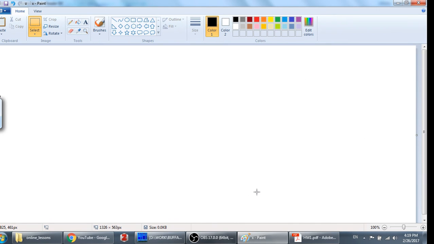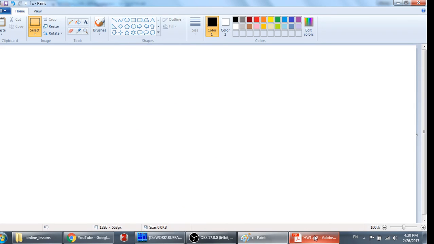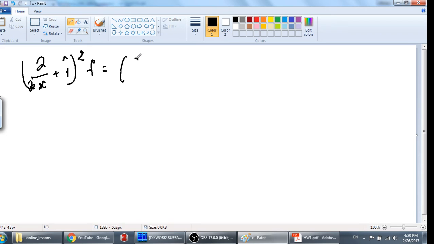Now let's also talk about the second example here, because this may also be a little bit confusing. What happens is you have d over dx plus 1, everything squared, acting on f, and you basically apply the same rule, d over dx plus 1.